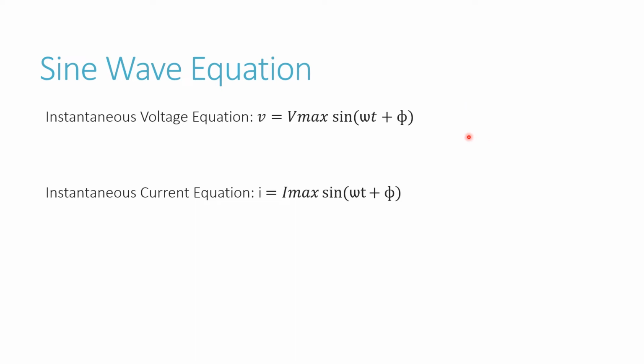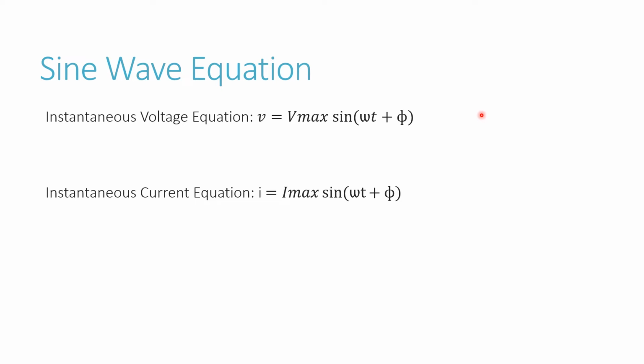Now, the Vmax is simply the peak voltage. Omega tells you how fast the waveform is changing, which is linked to the frequency. So the higher the frequency, the higher is omega. t is the time, and phi is what we call the phase angle.